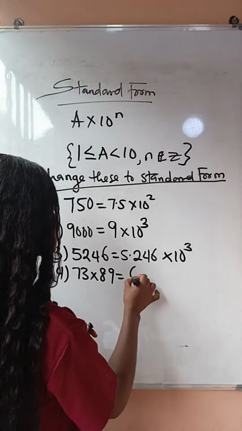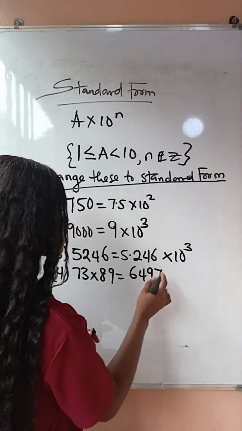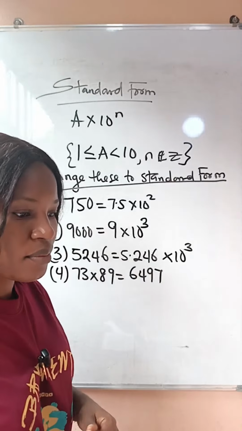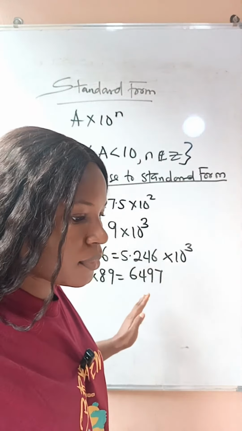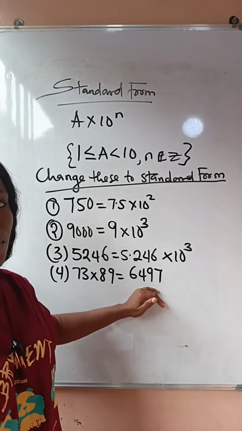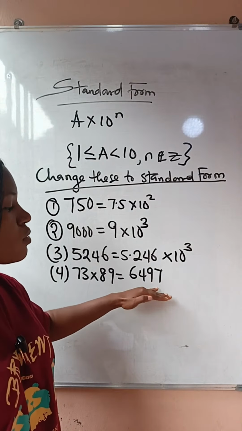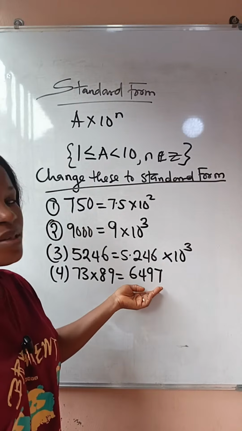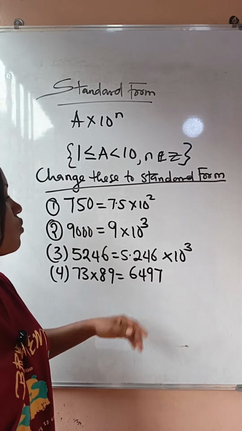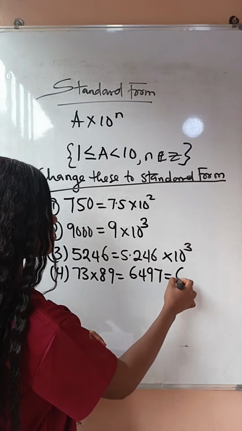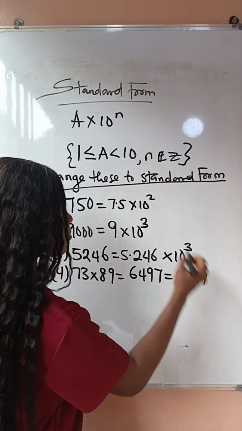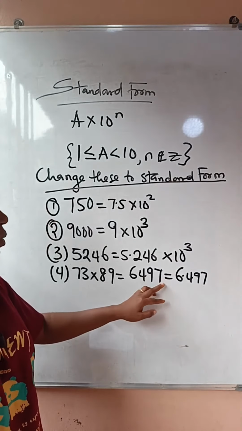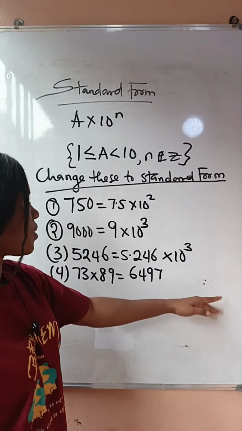So we have 6497. But this is not in standard form. Remember, this is not in standard form. Now, how do we go? What do we do about it? Because this is not in standard form, we need to put it in standard form. So in standard form, it will be 6.497. I believe you understood what I did here now. Let me write it here.